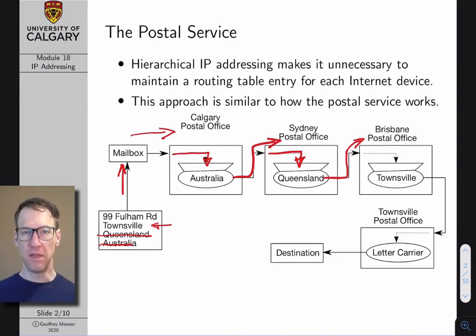So the letter sorting staff person in Brisbane is aware of all the cities and towns in Queensland and will distribute the letters according to the town or city level of the address. They will take a look at the fact that this letter is destined for Townsville, drop it into the Townsville bag, and that's it.